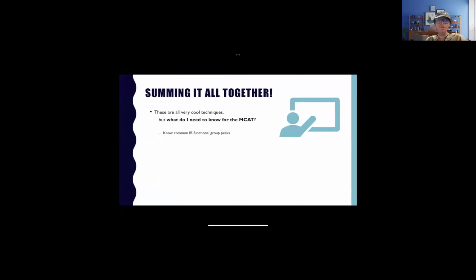You want to know your common IR functional group peaks. Those ones are testable. They do come up. I had actually only one question on it, but it's one of those low-hanging fruit things where if you just commit it to memory, then it's good.